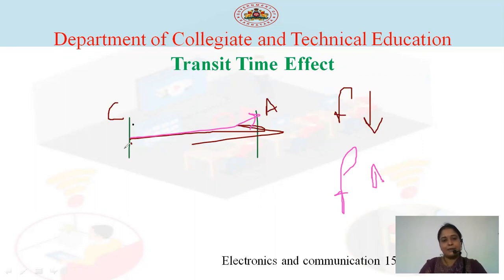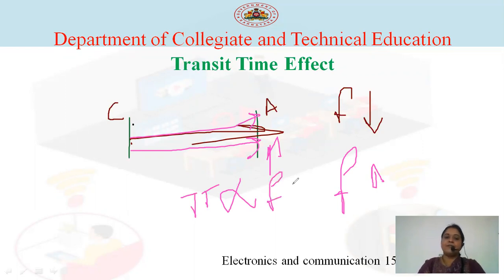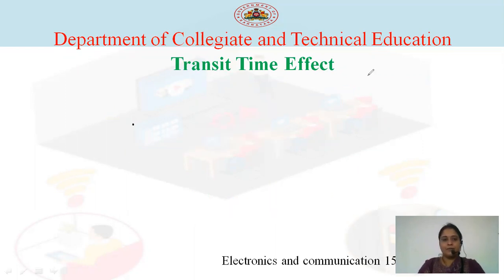The time taken by the electrons to travel from the cathode to the anode goes on increasing, because the transit time and the frequency are directly proportional. If frequency is high, the transit time also increases. Therefore, this is also one of the limitations or drawbacks of using those conventional devices.